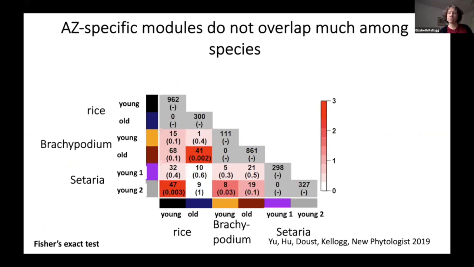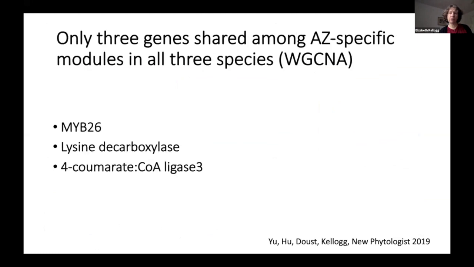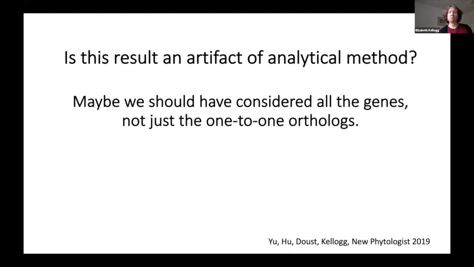Very low numbers. And of course, what we really want is the 3-way overlap. And there are 3 genes. So there's a MIB, there's a lysine decarboxylase, about which we know nothing, and coumarate ligase, which is presumably involved in lignin formation. So our first thought was, well, maybe we just messed up the analysis.